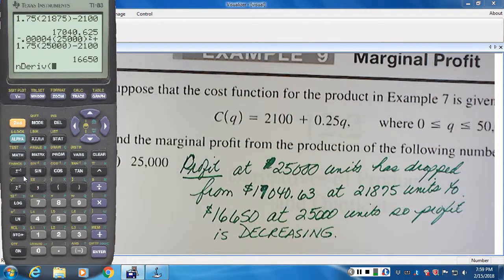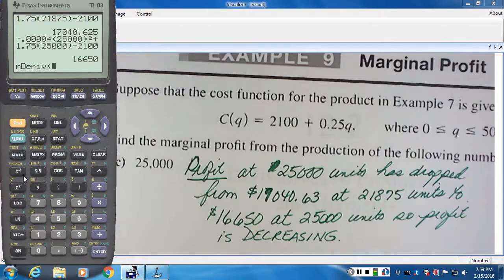So let's see my profit function. What did I do with it?